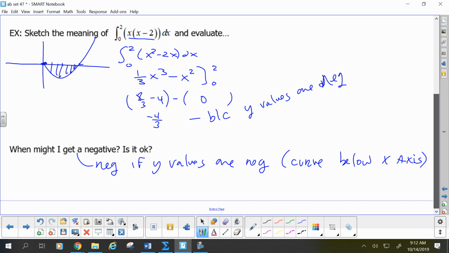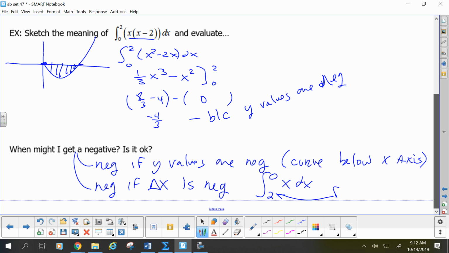You also could get a negative if delta x is negative. For example, if the curve is natural log, y equals ln x, which is above the axis, yeah? But if I went from 2 to 0, going from 2 to 0 is going backwards horizontally.